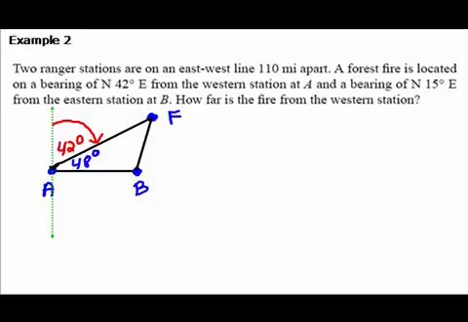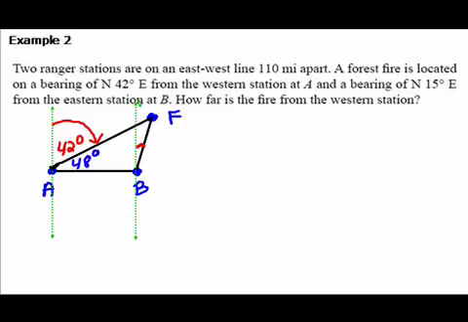What about another angle that we can come up with? Well, we're also told that the fire is located 15 degrees east of north from station B, so I have to imagine again a north-south line passing through point B. Let's move that over a little bit. And the 15 degrees would be this angle in here, meaning I'm looking north and I have to go 15 degrees east to get to point F. So that angle's 15.